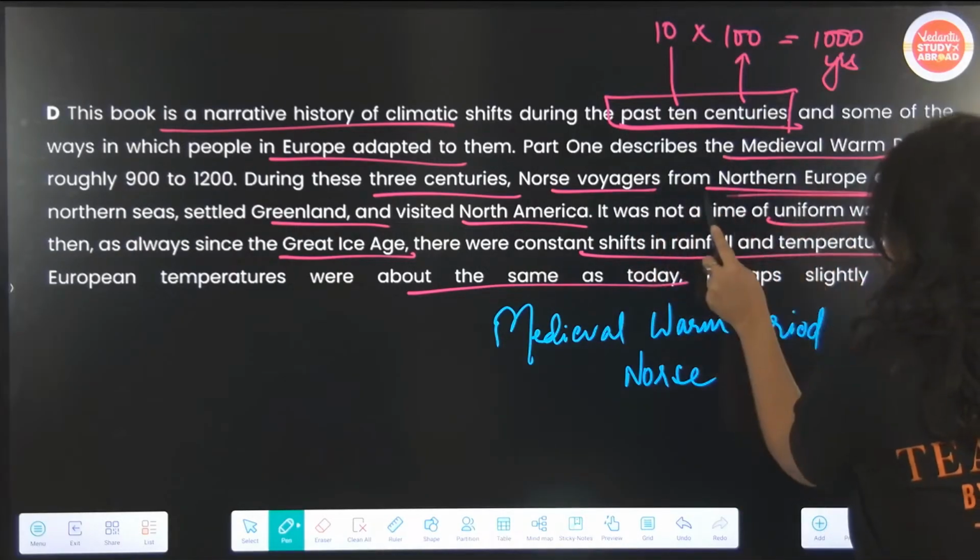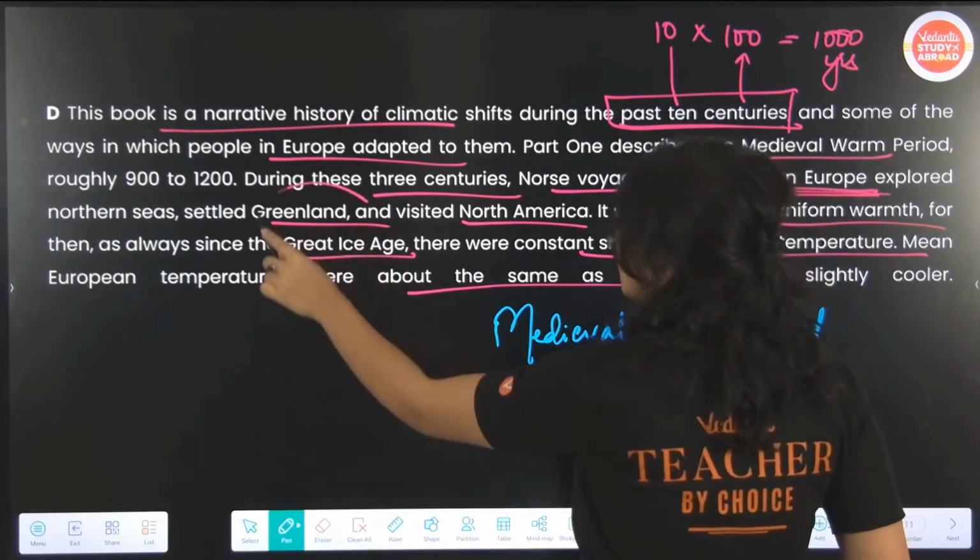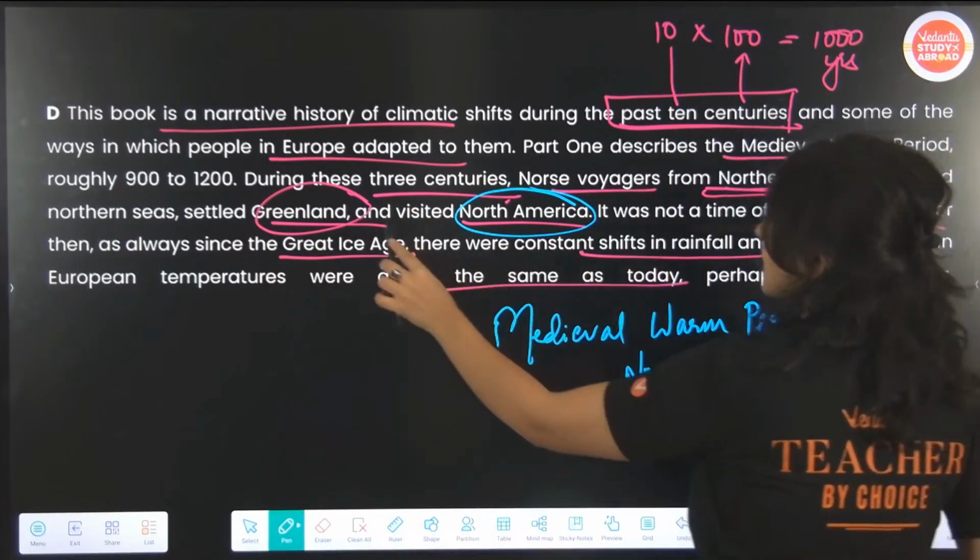Norse voyagers from northeastern Europe, what did they do? They explored northern seas, settled Greenland and visited North America.